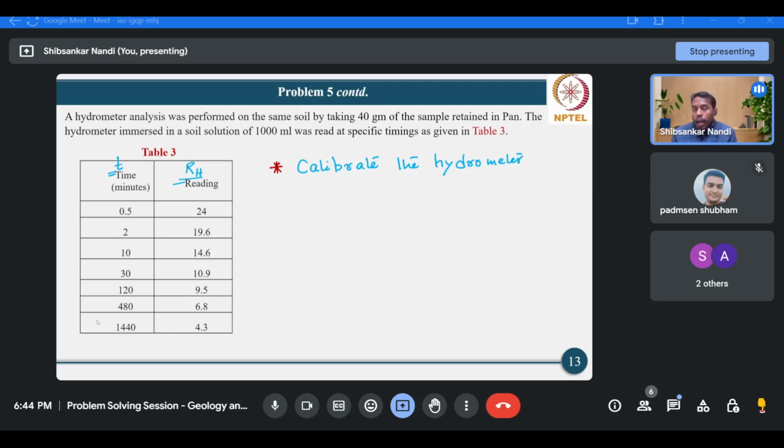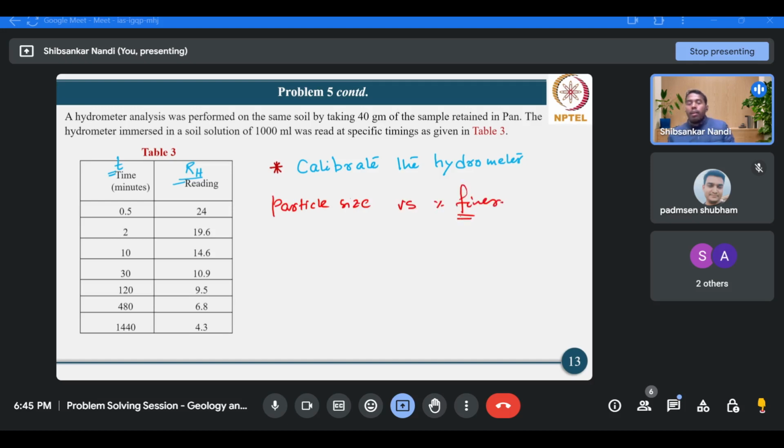Now we were discussing the calculation based on this data. For this type of calculation, first we have to calibrate the hydrometer, because ultimately our target is to determine the particle size versus percentage finer.